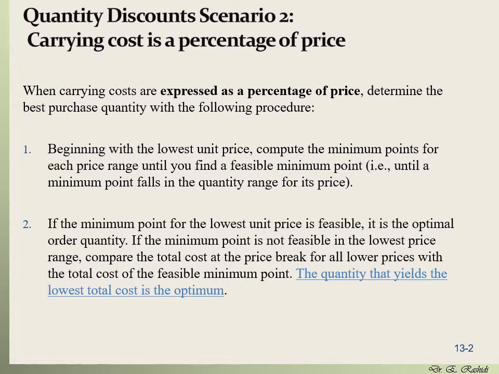The quantity that gives the smallest, the minimum total cost, gives us the optimal order quantity. So let's see an example.